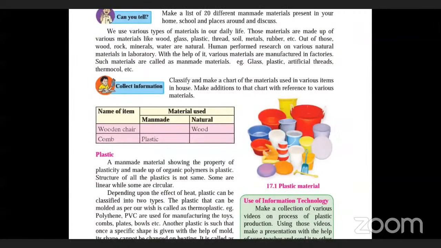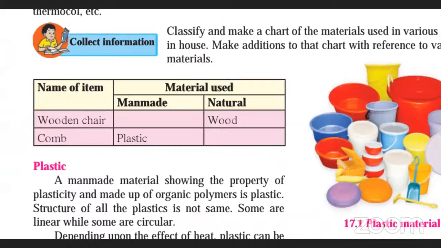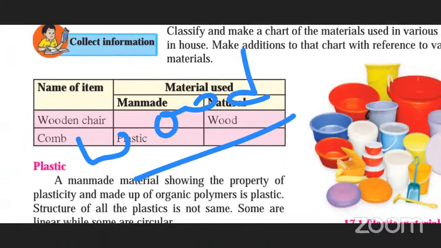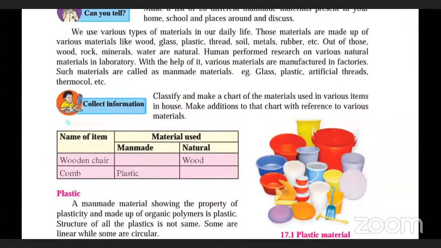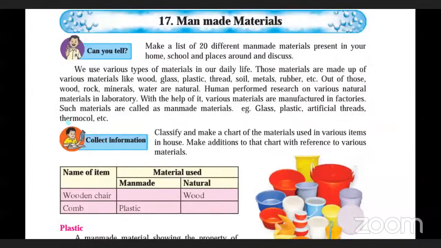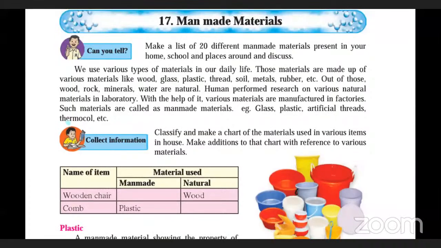So what is an example of any natural material which you can give? Wood, right? When we talk about wood, we cannot synthesize wood in the laboratories. So wood is a natural material which we get from trees. Then any other example of natural material? Then again we can talk about rubber, which we get from the tree.